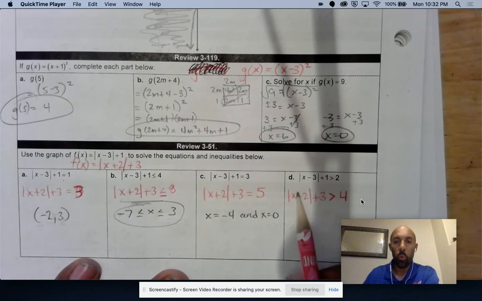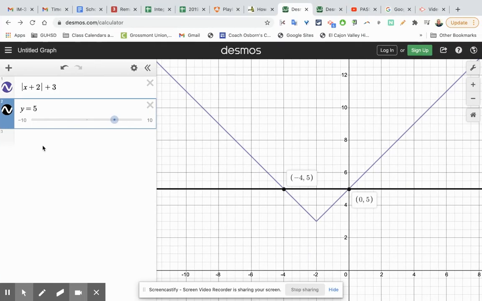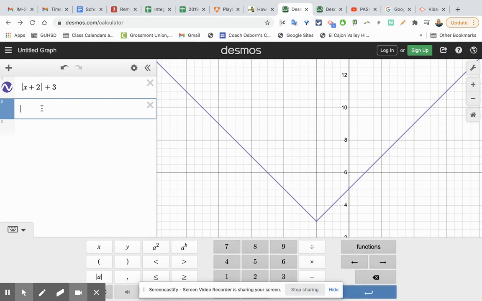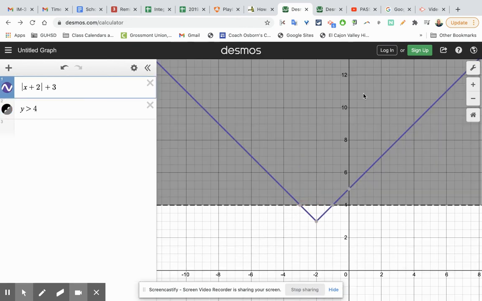Then the last one is, when will this be greater than 4? So I do the same approach. When will y be greater than 4? Okay, so again, anywhere in the shaded area is a solution, right?